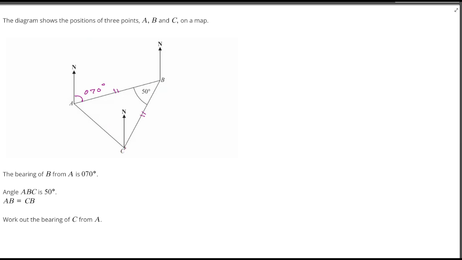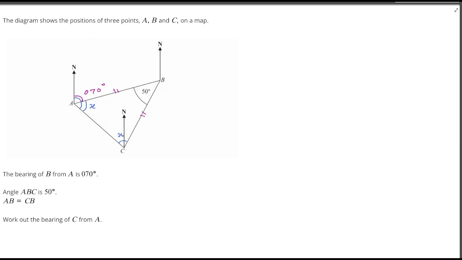So bearing of C from A, that means I need to work out the angle which is from this north till here. Basically I need to find angle A of the triangle ABC. As triangle ABC is an isosceles triangle, this angle and this angle are going to be the same.